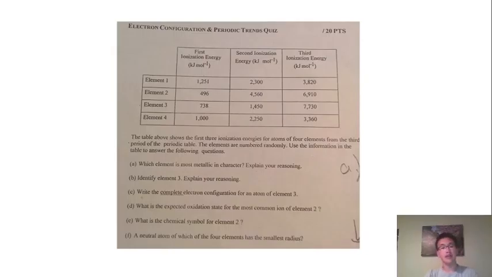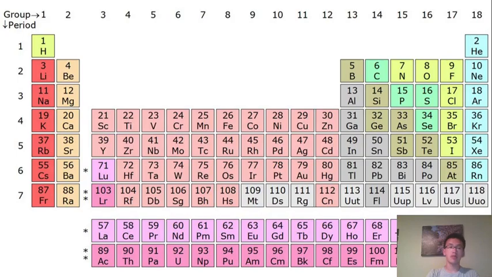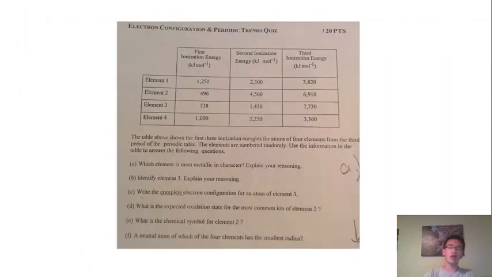For B, identify element 3 and explain your reasoning. The one I picked for element 3 was the second lowest, which is going to be magnesium. After you remove the first couple of electrons, you have 10 electrons remaining, the neon configuration, which is really stable, and it takes a lot of energy to remove an electron from it. So there's a huge jump in ionization energy.